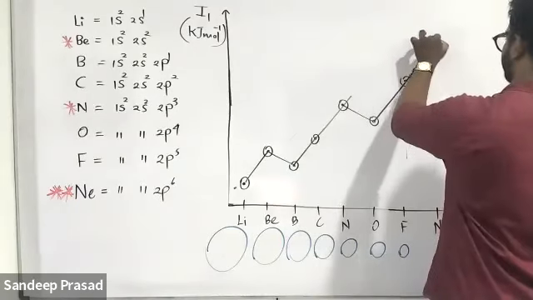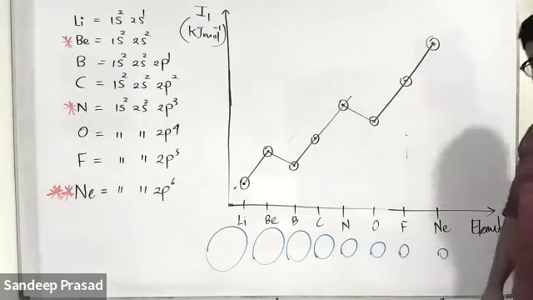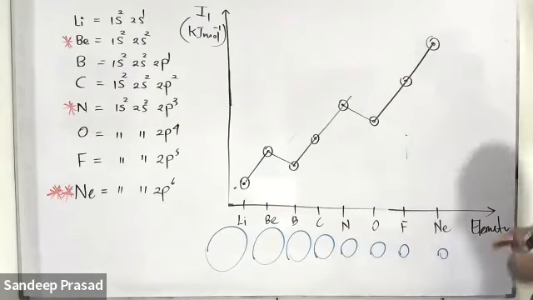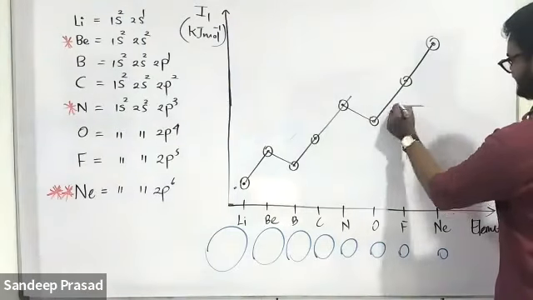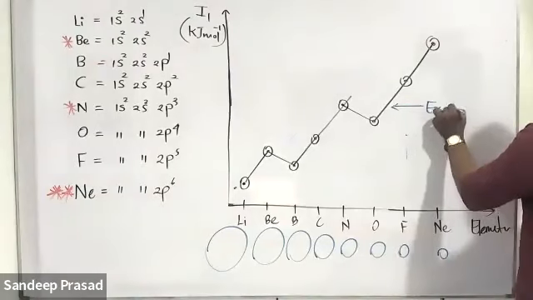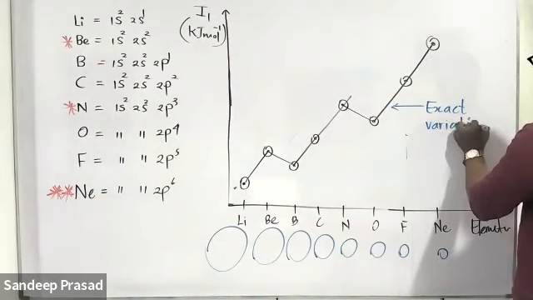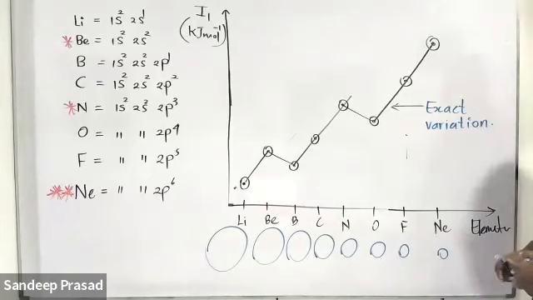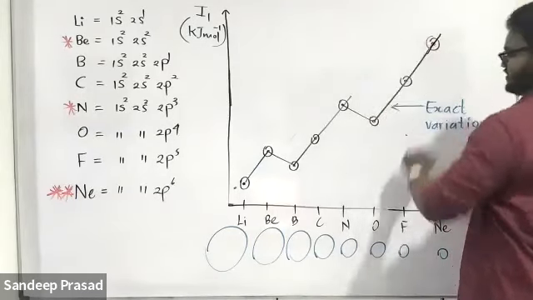Look at this variation. What is this? This is kind of a zigzag variation, right? So this is the exact variation of the first ionization energy, right?